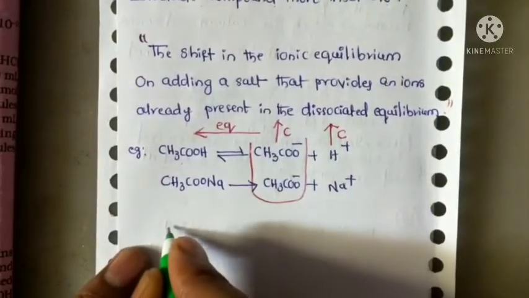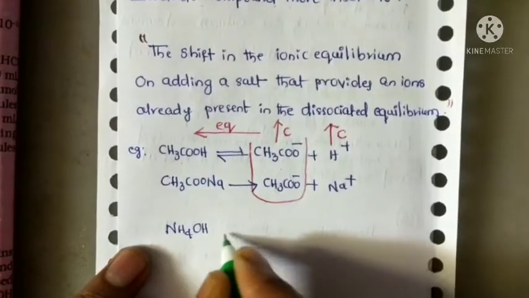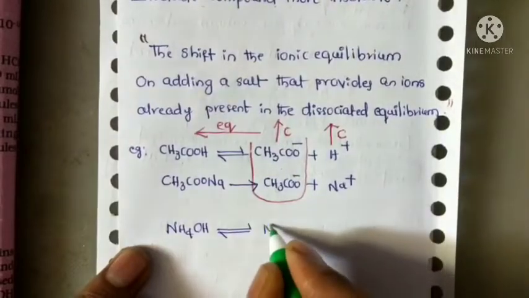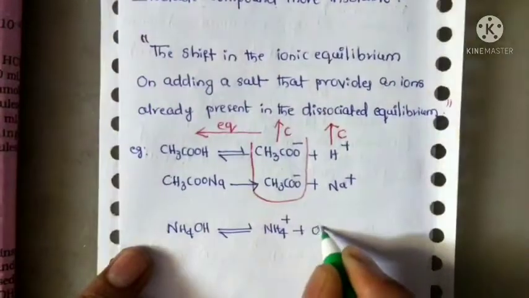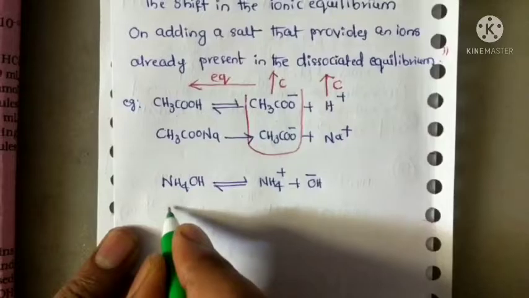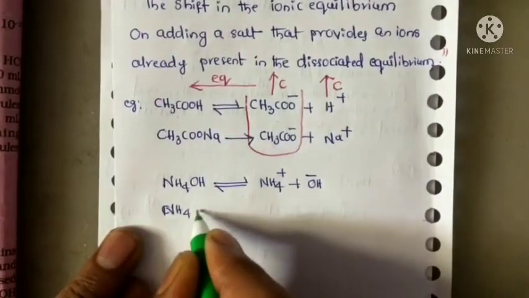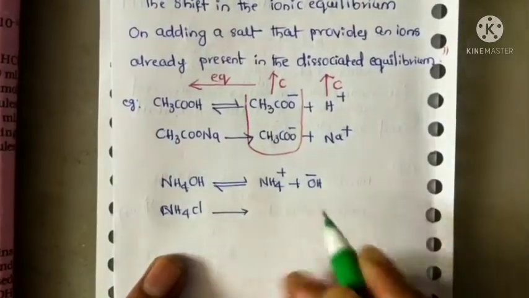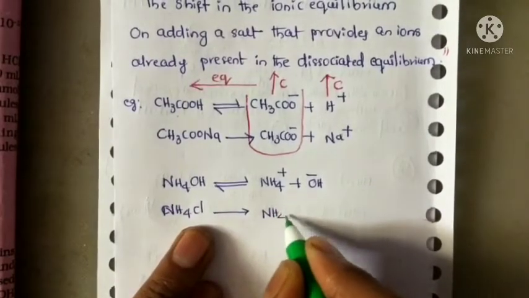Another best example: we take a base, ammonium hydroxide. Ammonium hydroxide is also a weak base, so it is partially dissociated. It forms ammonium ions plus OH minus ions. If we add a salt, ammonium chloride, to this solution, it forms common ions.